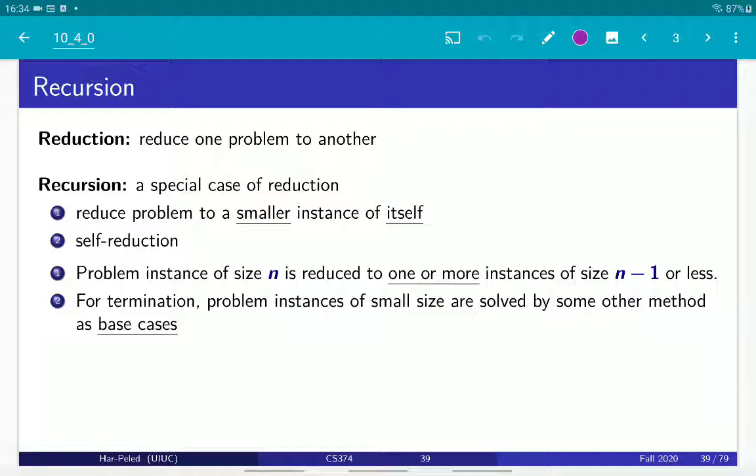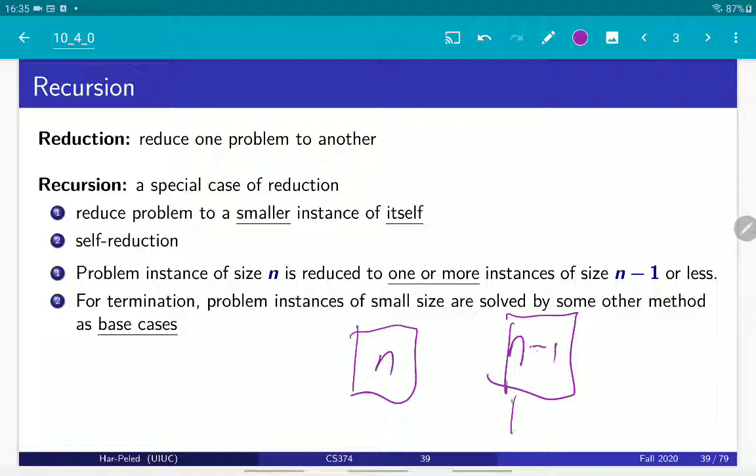Now, when you think about recursion, the way I like to think about it is this: you want to solve a problem instance of size n, whatever n is, and somehow magically you are given a black box that can solve smaller instances, like n minus 1 or n over 2, right?